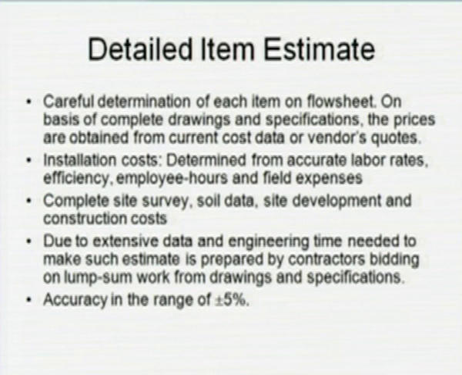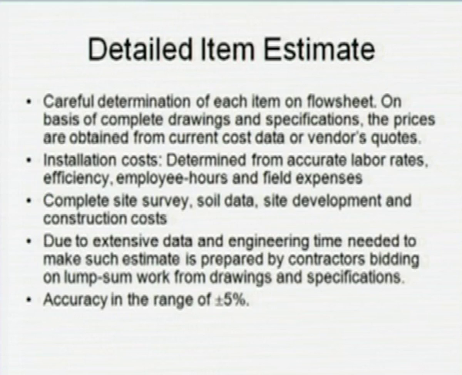These are determined from accurate labor rates, efficiency, employee hours, fixed expenses and field expenses. Then the complete site survey, soil data, site development and construction cost. Due to the extensive engineering data and time needed, such an estimate is prepared by the contractor, bidding on lump sum work from drawings and specifications.